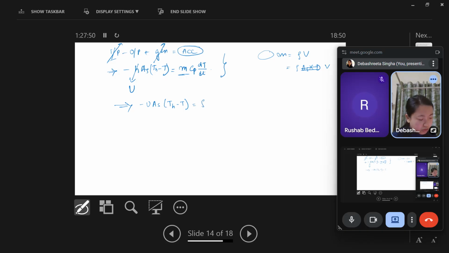So M is rho V Cp dT by dt, dT divided by Th minus T equals UAS divided by rho V Cp, dt. Just integrate it. Here there will be minus.